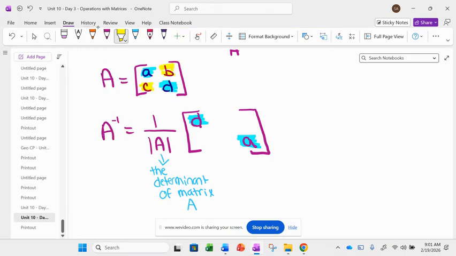What do I mean when I say I'm going to negate them? Make them what? Negative if they're positive, and if they're negative, make it positive. Switch their sign. That's what it means to negate it. So this would be negative B, negative C. So you switch D and A, you leave B and C where they are, but you just negate them.